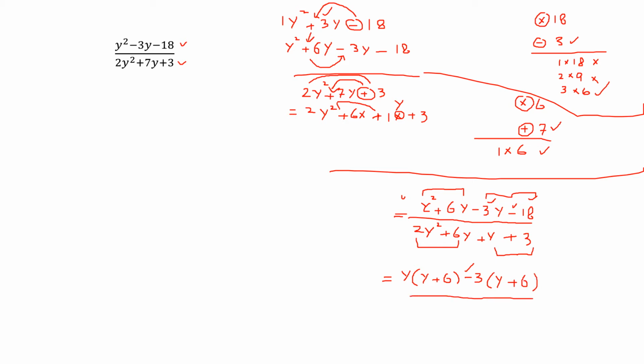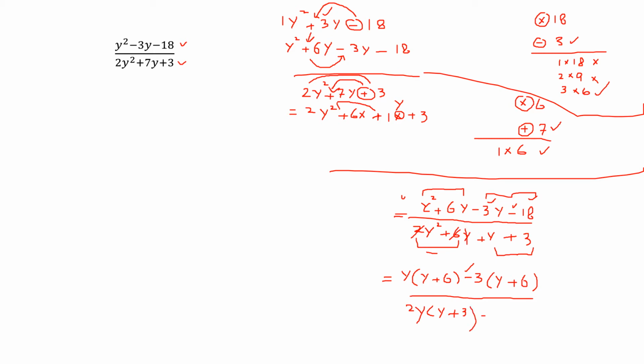In the denominator here, they are divisible by 2y, so 2y is a factor. Now divide by 2y, 2 will be cancelled, and y will be left with us, plus 6 divided by 2 will give us 3, and y divided by y is gone.